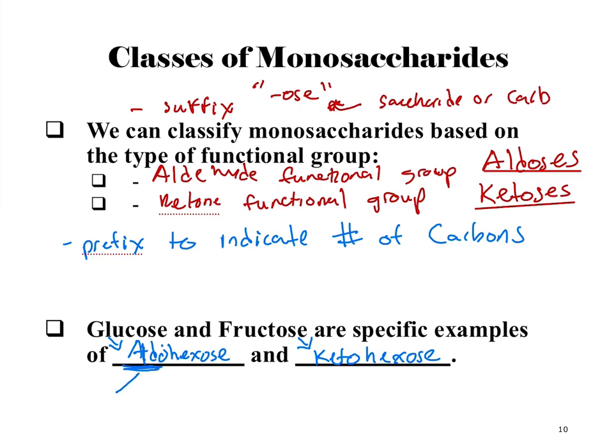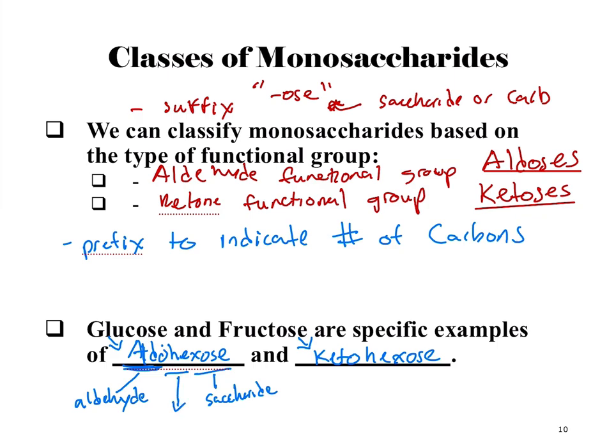Aldo tells us what about this carbohydrate? An aldehyde functional group. Os tells us what? It is a carbohydrate or it is a saccharide, right? And then what do you think hex tells us?